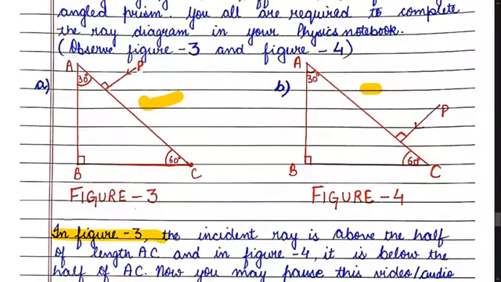In figure number 3, the incident ray is above the half of the length of AC. So in figure number 3, the light is incident normally, but it is above the half of length AC. While in figure number 4, the incident ray is below the half of line AC.